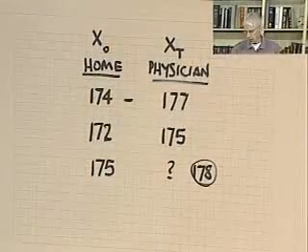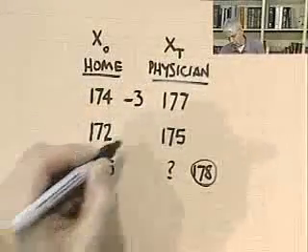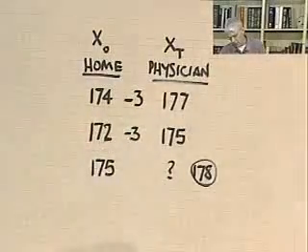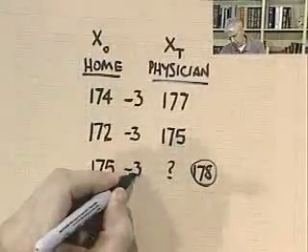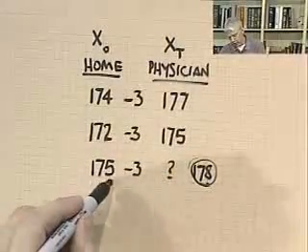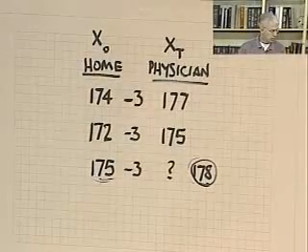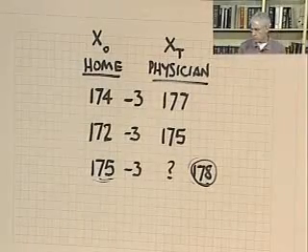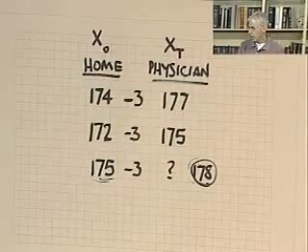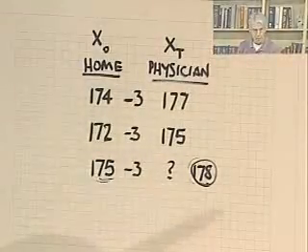And it's consistent in magnitude. The difference is always minus 3 pounds. So we know that this true score is 3 pounds greater than the observed score. Are there any questions about systematic error?